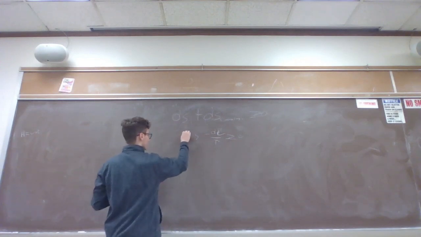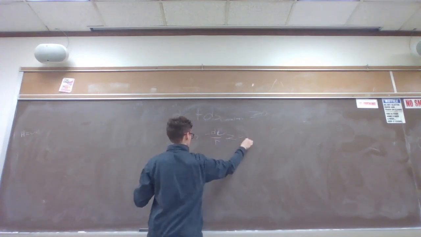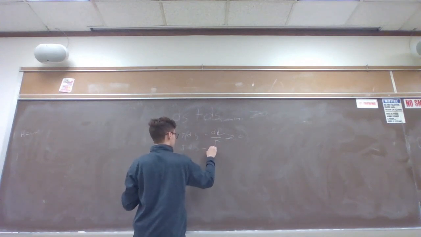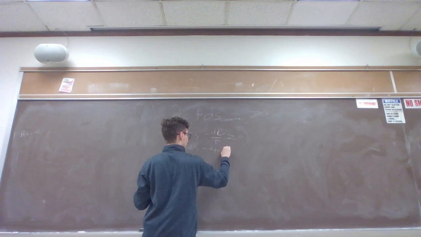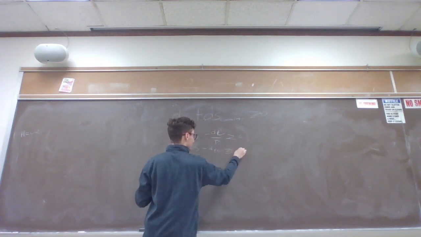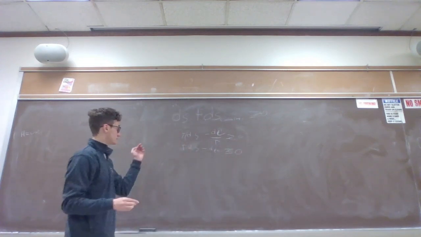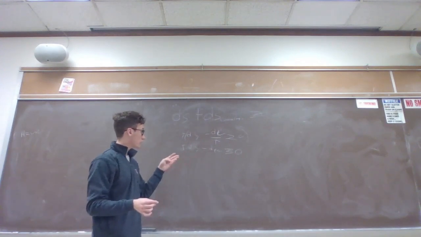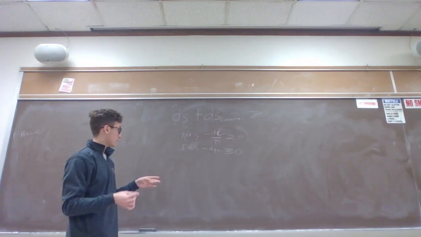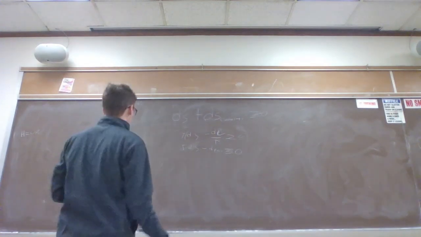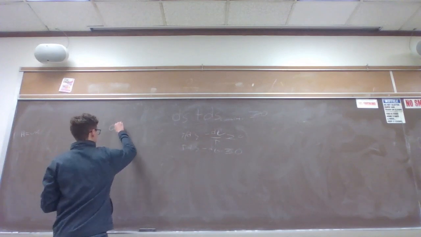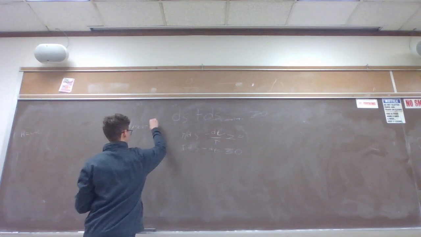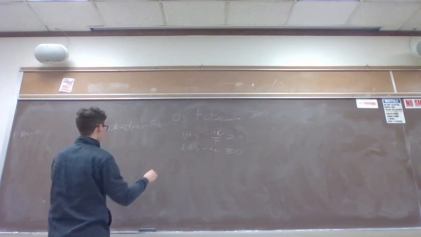Yeah, and then we're going to multiply by T. So we would get T dS minus dq rev greater than or equal to 0. And now that we have negative dq rev, we know that dq rev can't actually be something else. We know that dU equals dq rev minus P dV. So we're going to shove that thing in there.